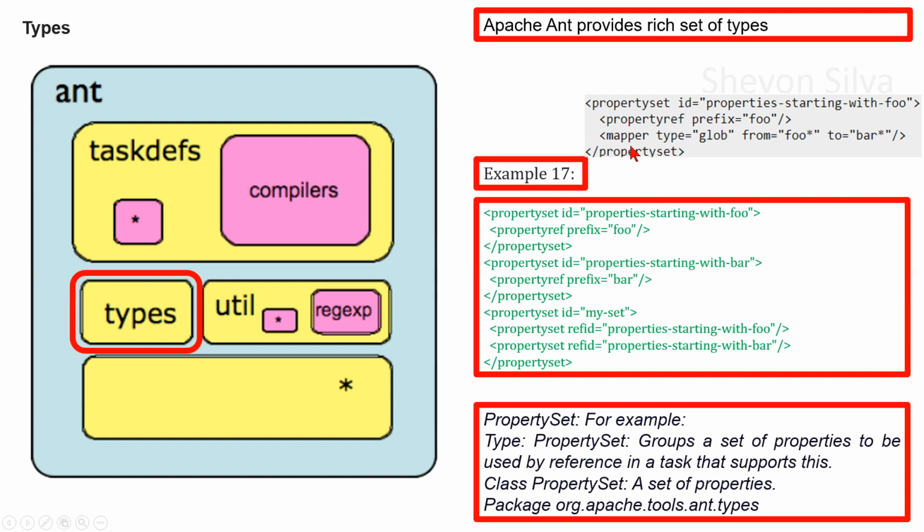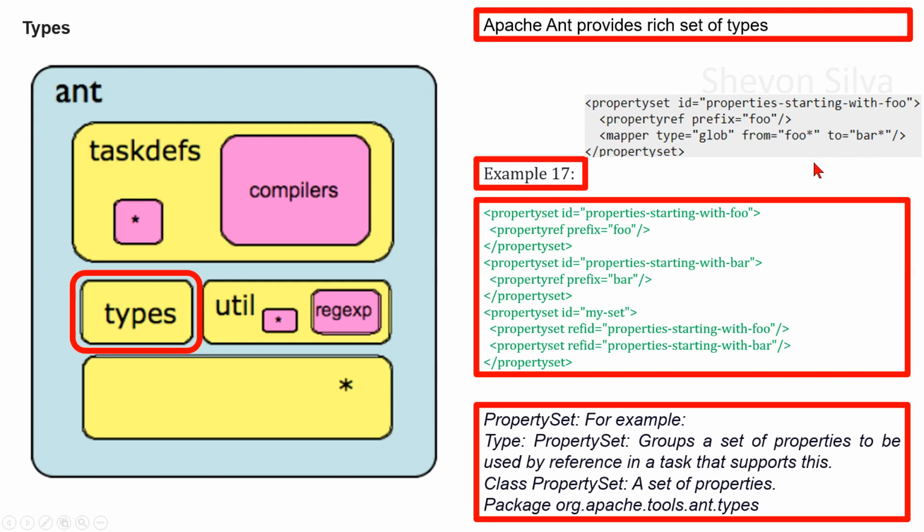Here at maximum one mapper can be specified. The mapper is used to change the names of the property keys. For example, here collects all properties whose name starts with foo, but changes the name to start with ba.